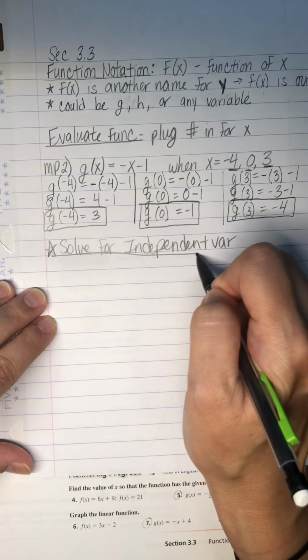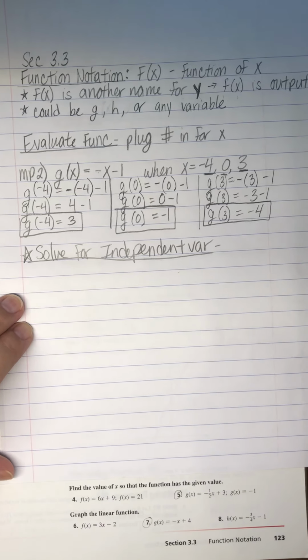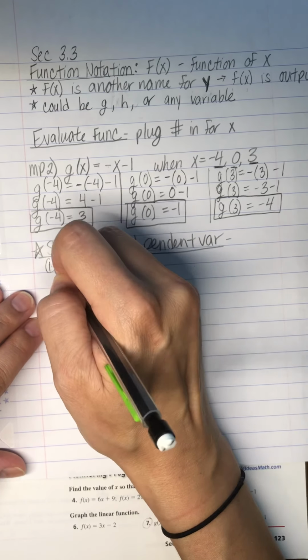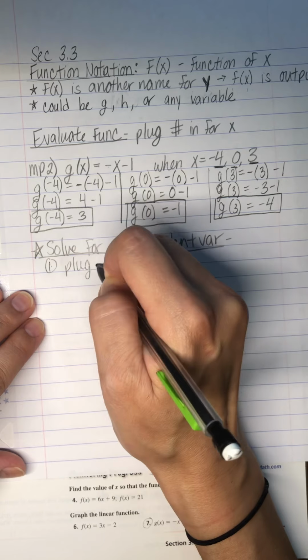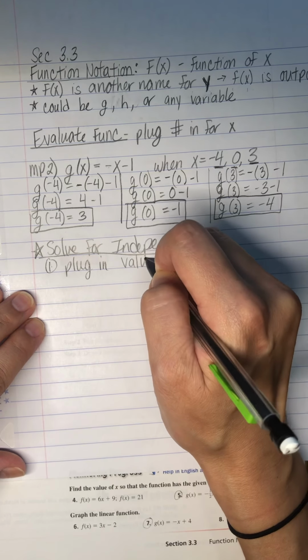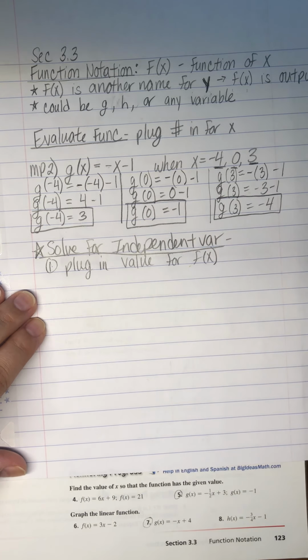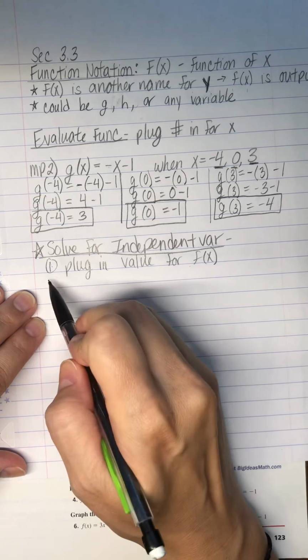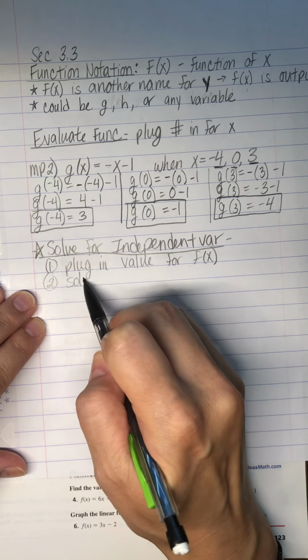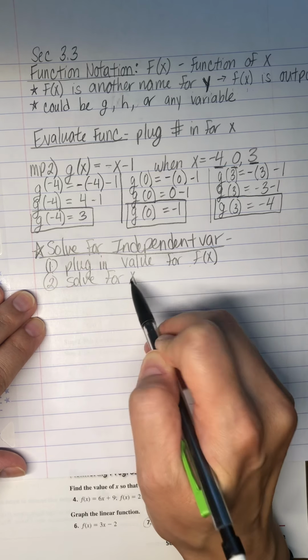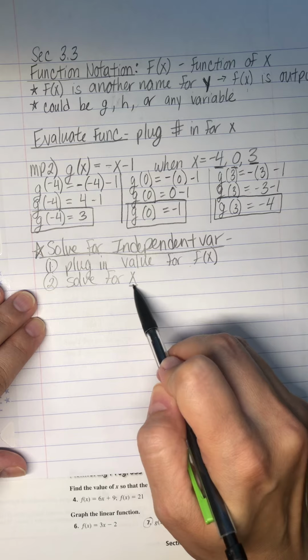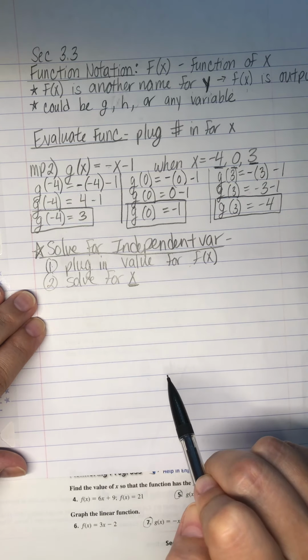Okay, when we do this, first step, plug in the value for f of x or g of x or whatever that function notation is on the left side. Okay, it's going to replace that entire left side. And then your second step is you're just going to solve for x. So remember, the independent variable is x. We're going to solve for x here.